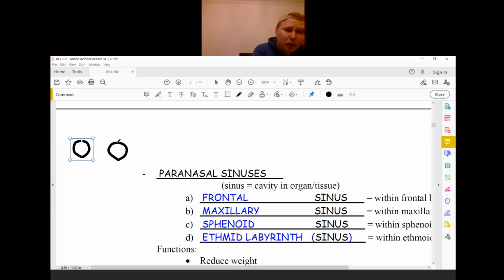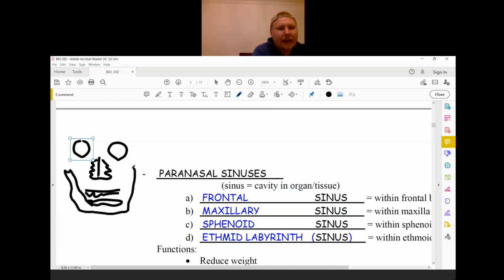So again, just to draw quickly, our diagram of the skull of the head looking from the front. So we have our teeth and then the mandible going up there, and the rest of the skull if you wish. That's the front view.